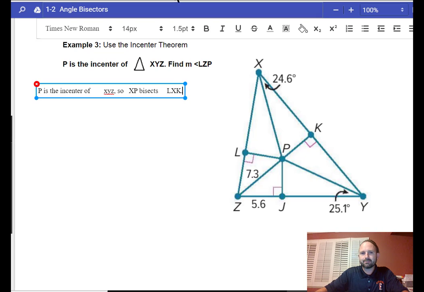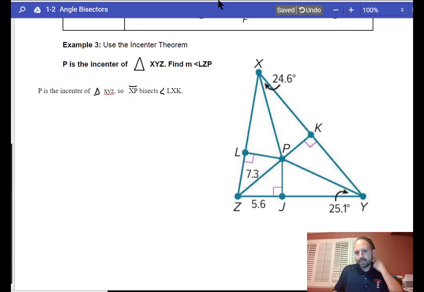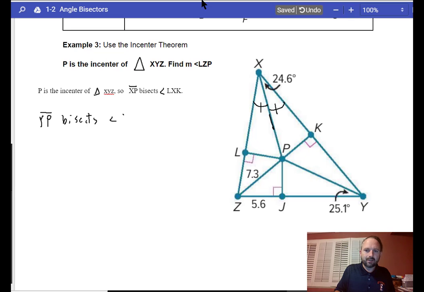Give you a second. So that's saying this one right here is going to bisect it, so these are going to be congruent. Their measurements are going to be the same, equal. Furthermore, YP is going to bisect JYK. So YP bisects angle JYK.